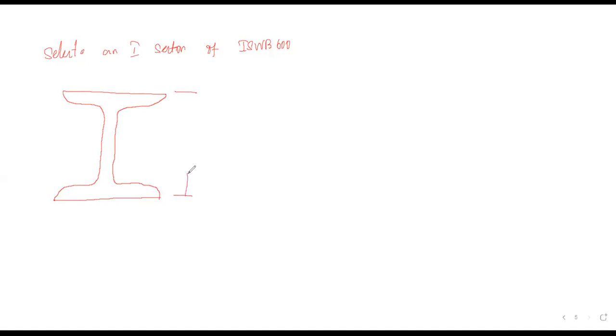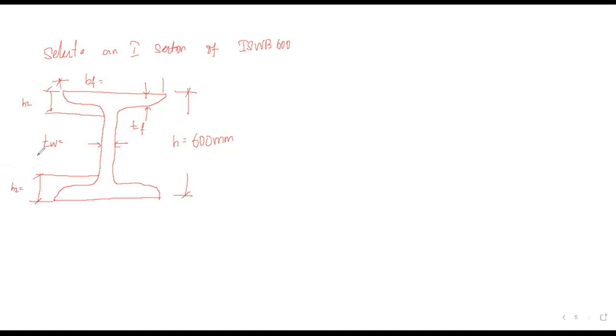total height H is equal to 600 mm. Breadth of flange BF is equal to, thickness of flange TF is equal to, thickness of web TW is equal to, then H2 is nothing but the distance from toe to edge, from here to here, which will be called H2.